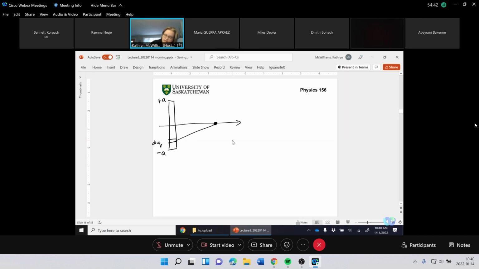Okay, we have our r vector. This is point P. It creates this little dq, creates a little dE. So our goal is to integrate all these little dEs from all these little bits of charge, from minus a to plus a for this line charge.